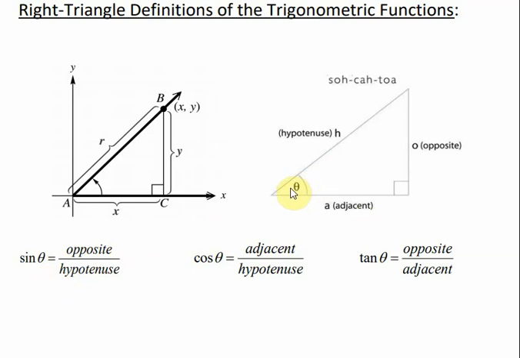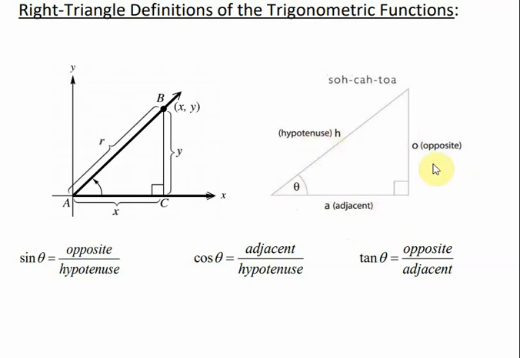So just picture yourself standing on this angle. If I look across to the other side, the side that's opposite that angle, that's called the opposite side. The side that's touching that angle is called the adjacent side. And then, of course, the side that is across from the right angle is the hypotenuse.